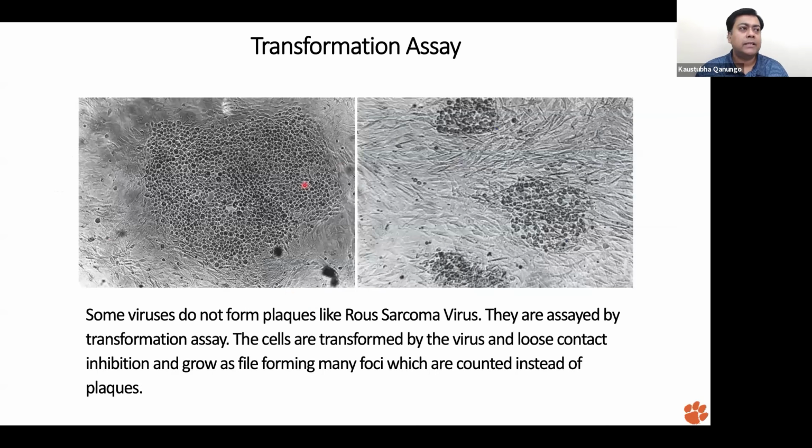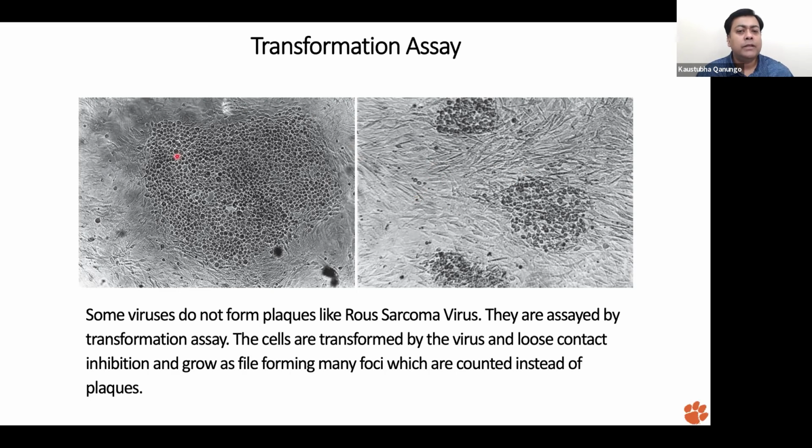And here is the last one, the transformation assay. Some of the viruses actually do form these transformed foci. What do we mean by that? What you are seeing right here is one of the transformed foci. This is mainly done by some of the oncogenic or transforming viruses. What you are seeing in the background are the cells in the monolayer, because these cells have contact inhibition, so they cannot pile up against each other.